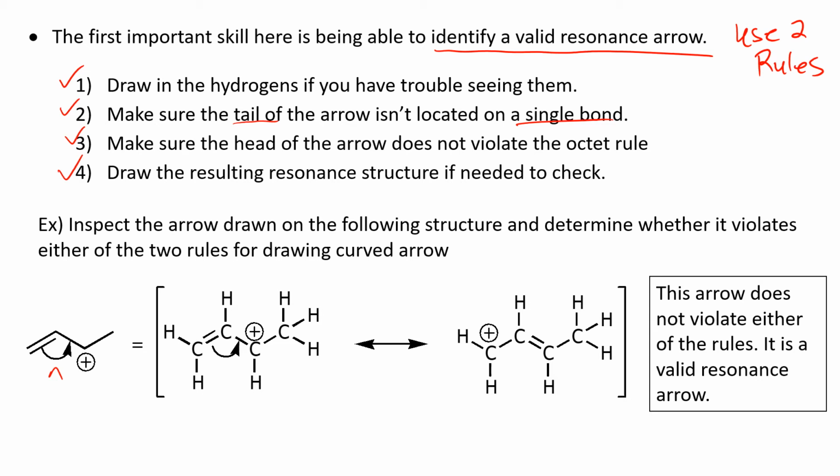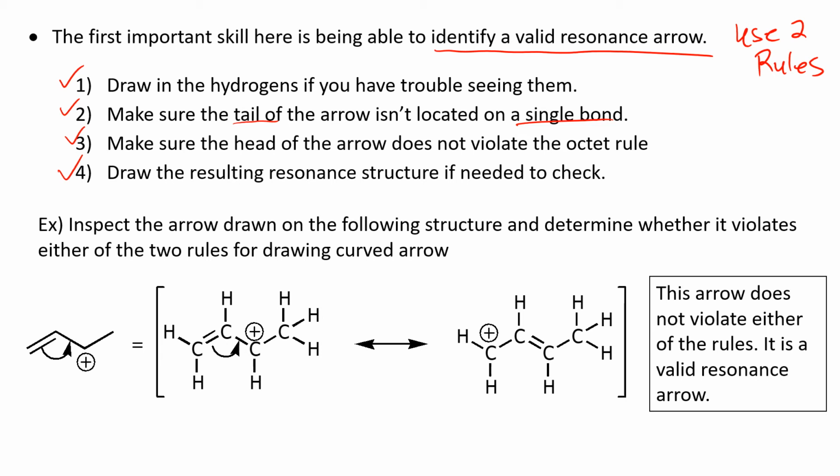When we move these electrons, the tail of the arrow is starting on a pi bond, or a double bond. That's okay, so we haven't violated the first rule. Now let's take a look. I have the Lewis structure drawn with all the carbons and hydrogens so you can see what's going on. We're going to check to make sure our second rule isn't violated.